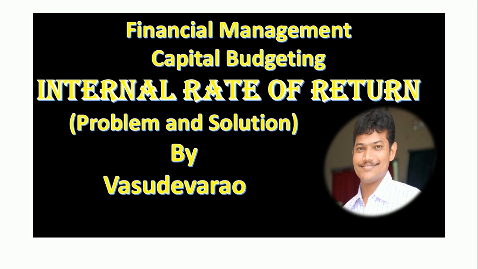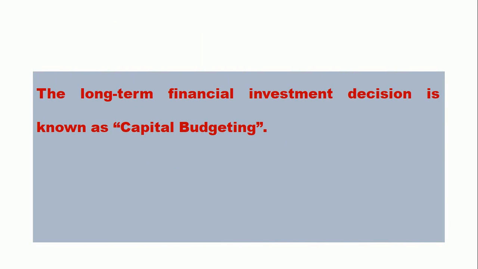We know internal rate of return is one of the important techniques in capital budgeting. Before going to that, what is capital budgeting? The long-term financial investment decision is known as capital budgeting.